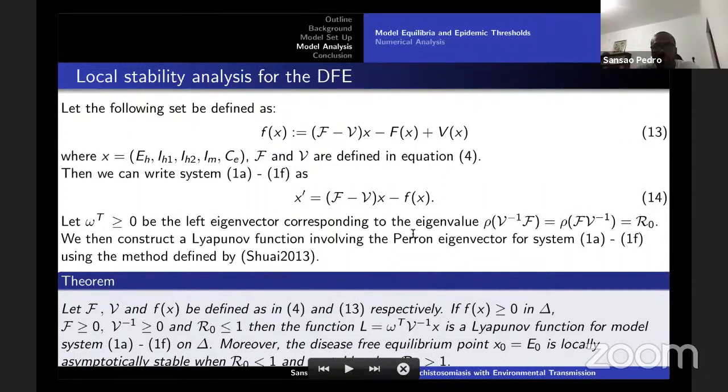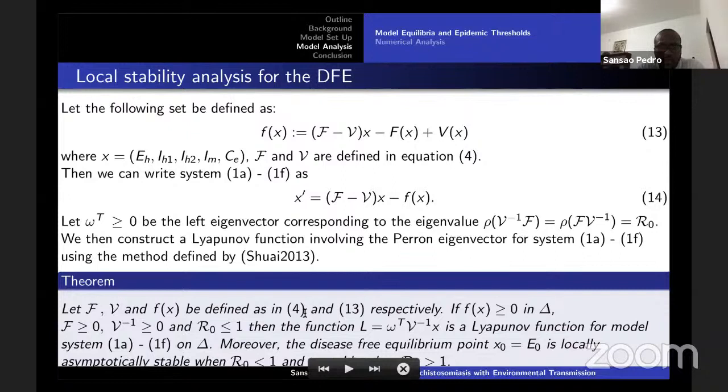So from there, we can have the Perron eigenvector. This is the theorem that we state, that we can build the Lyapunov function in this way for our system. And we use this theorem to prove that the disease-free equilibrium point is locally asymptotically stable for R naught less than 1, okay?